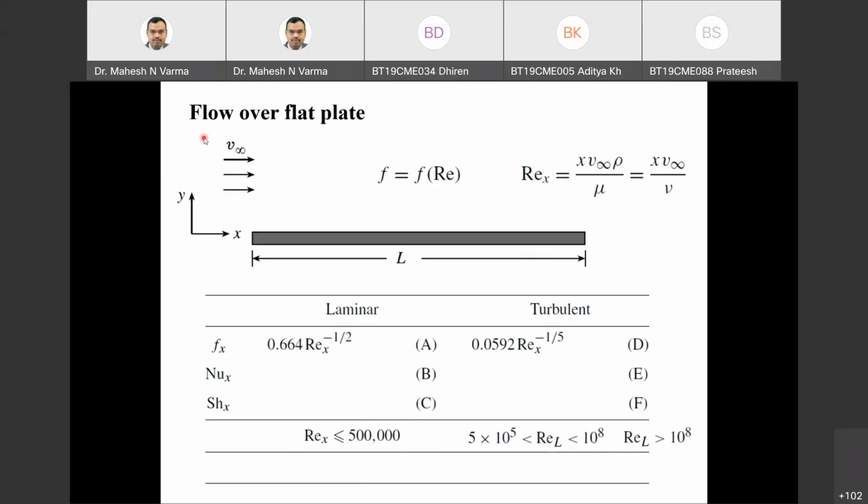You need to know what the system is. The system is flow over a flat plate, and Reynolds number is defined with x as the characteristic length, where the flow direction is x.